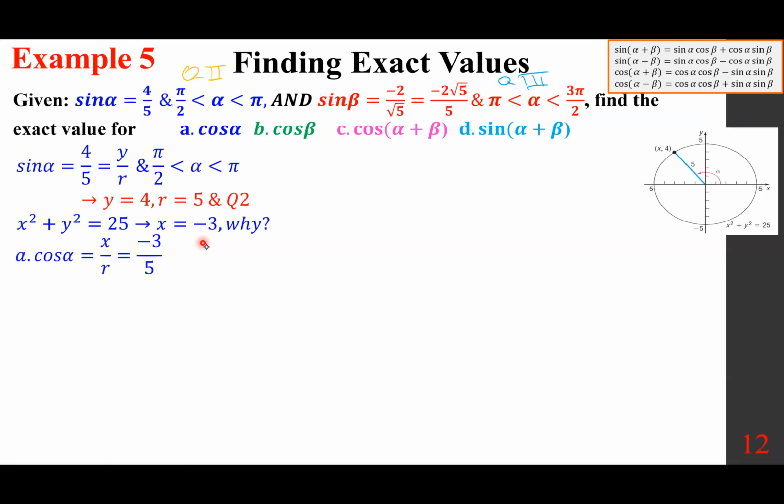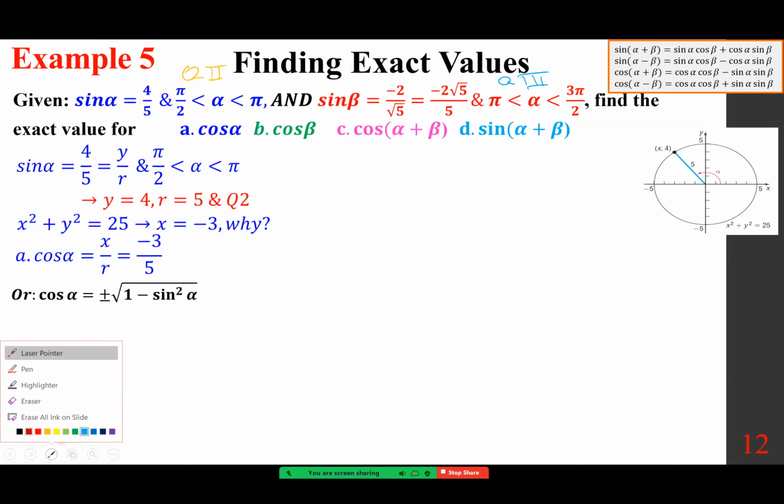If we want to use identities, and many times we may prefer that. Remember, sine squared plus cosine squared is 1. Therefore, you can say cosine alpha is plus minus square root of 1 minus sine squared alpha. I am assuming the following, everybody.